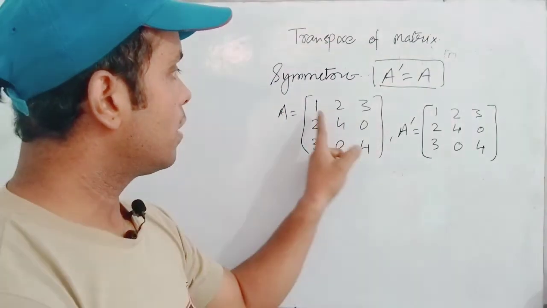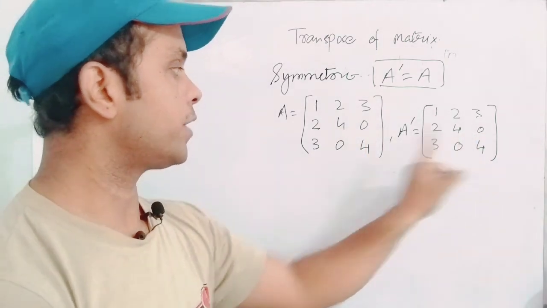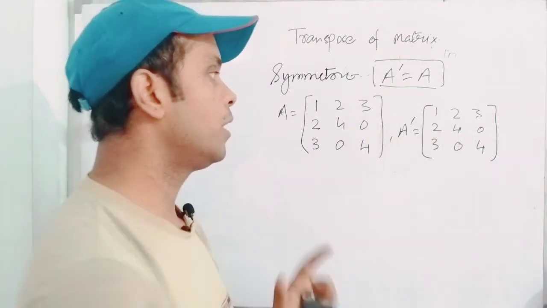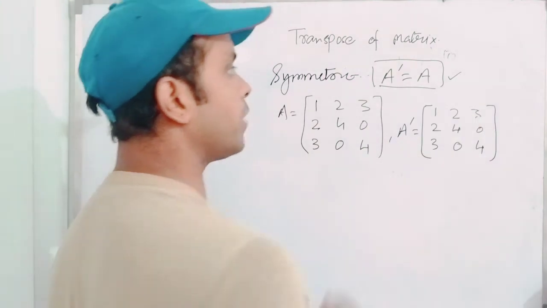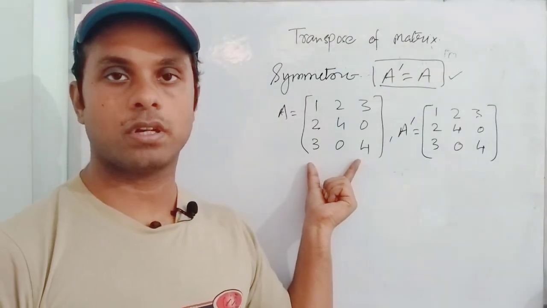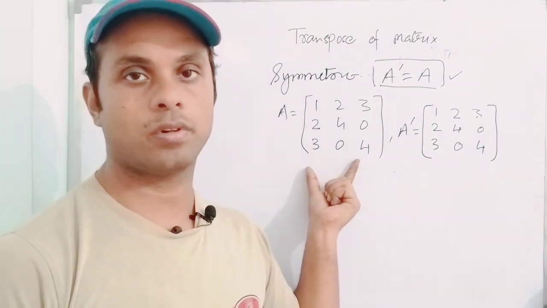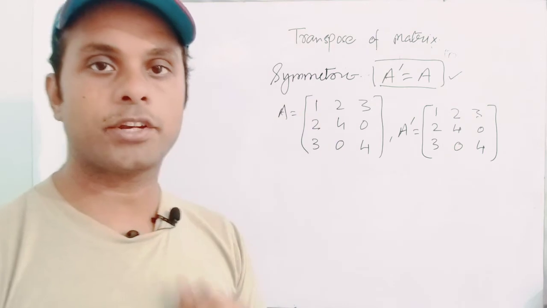So let's check. 1 2 3, 1 2 3, 2 4 0, yeah, it's same, and third row is also same. So this condition is verified. So we can say that A is a square matrix and this is symmetric also. Okay, so this was symmetric matrix.